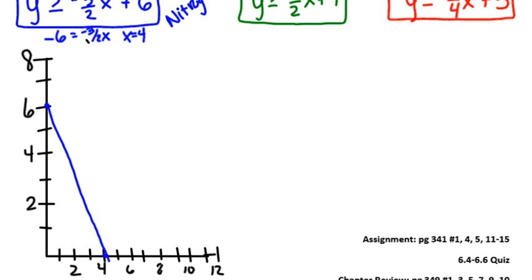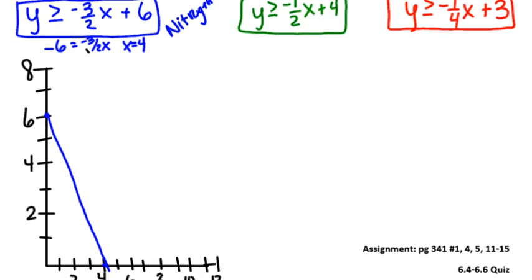For our green inequality, y-intercept of 4 and a slope of negative 1 over 2. Again, we could also solve for our x-intercept, or y is 0, so subtract 4 from both sides. Multiply both sides by negative 2. So I'll have an x-intercept of 8. Connecting those two with a solid line.